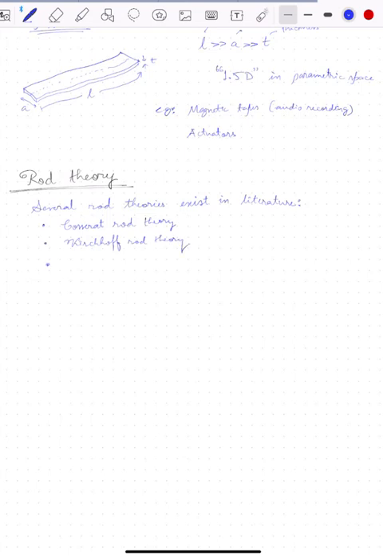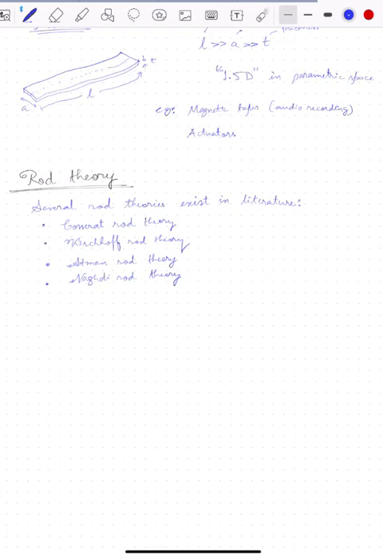Then we have Antman rod theory, and you'll also find something called Naghdi rod theory, each of which is slightly different in the way we model them.